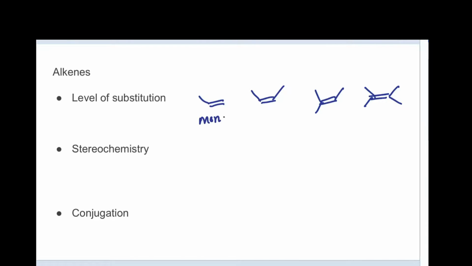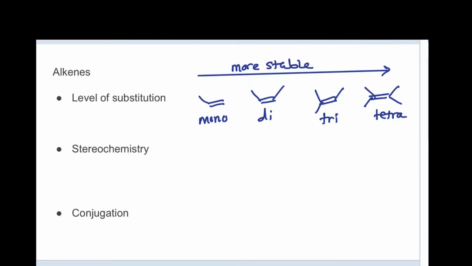So the levels of substitution are mono, di, tri, and tetra substituted. And it turns out that the more R groups that you have, the more stable the alkene.